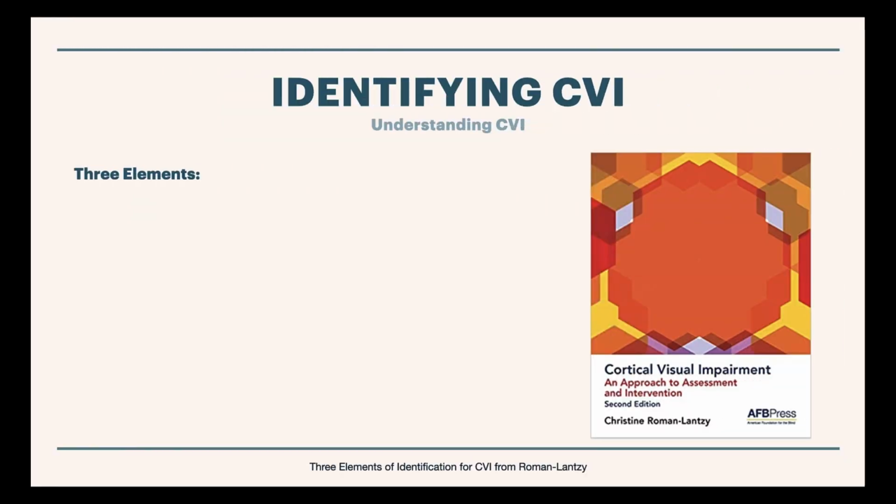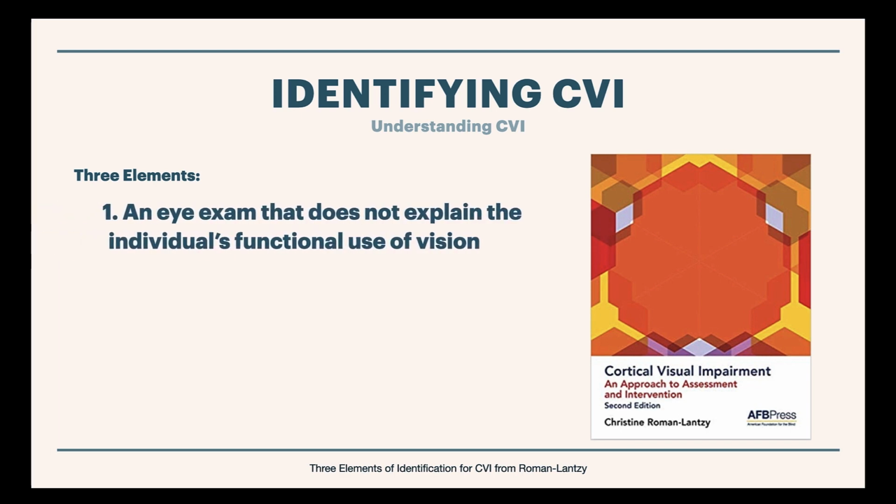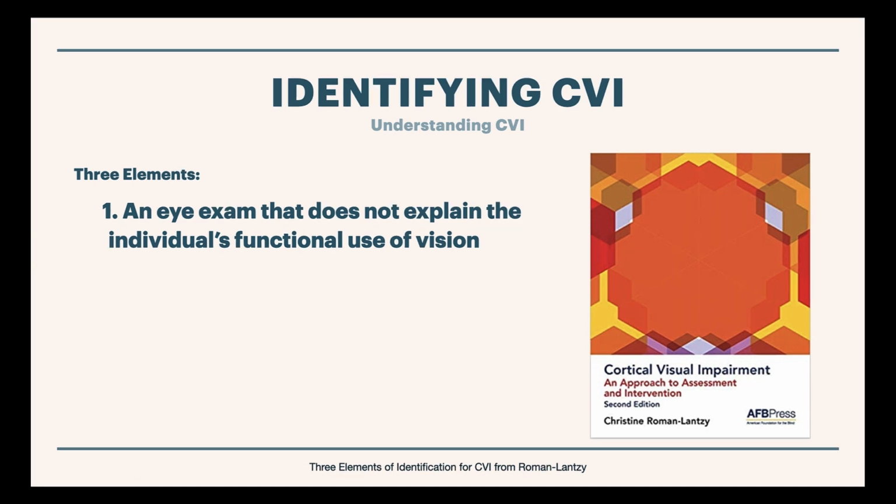We can use Dr. Roman's 3 elements to help us identify the cortical visual impairment under the large umbrella of brain-based visual impairments. The first is an eye exam that does not explain the individual's functional use of vision. When you examine a child's eye report, ask yourself, does this match what I'm hearing from teachers and family that know the child?